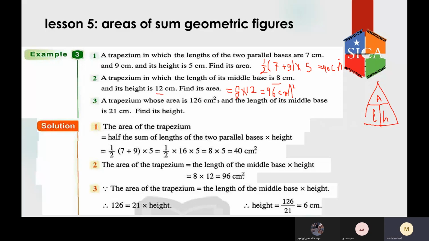If you ask me to get the height, it equals the area divided by the middle base, which is 126 divided by 21, the middle base. That will equal 6 centimeters. The height will equal 6 centimeters.